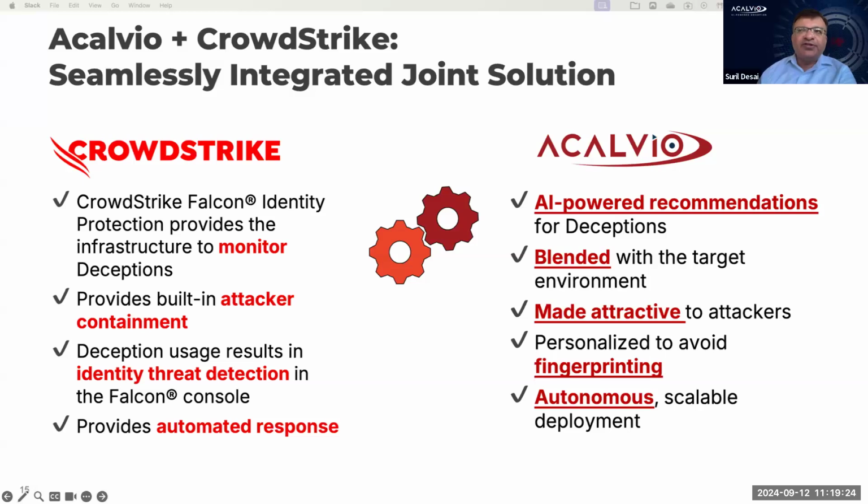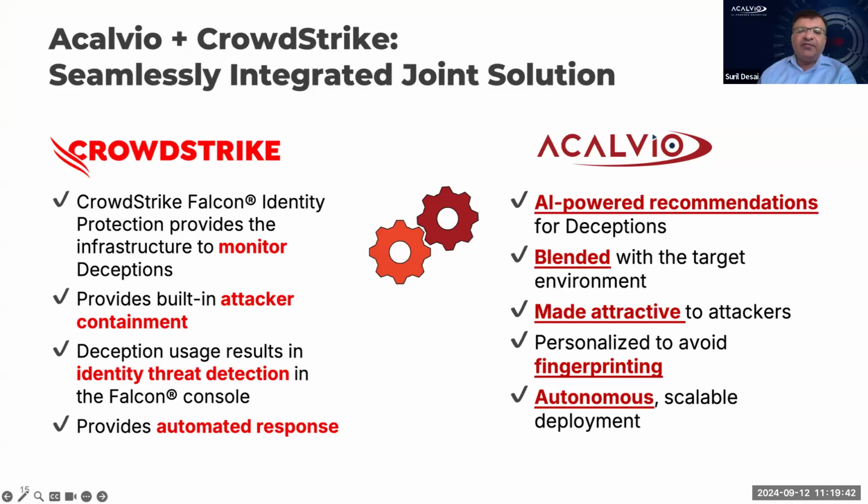Acalvio's algorithms generate relevant recommendations for each of these attributes. It can create multiple honey token accounts in one AD domain, and it supports a large number of domains as well as a large number of endpoints. So everything is completely automated.